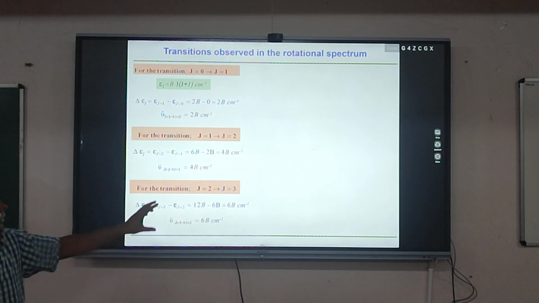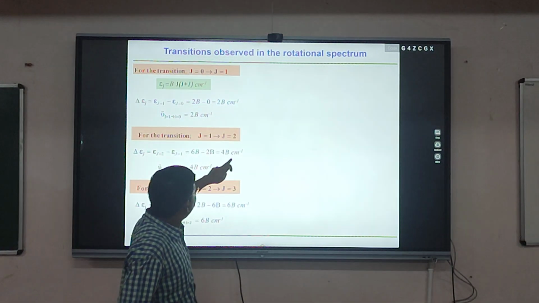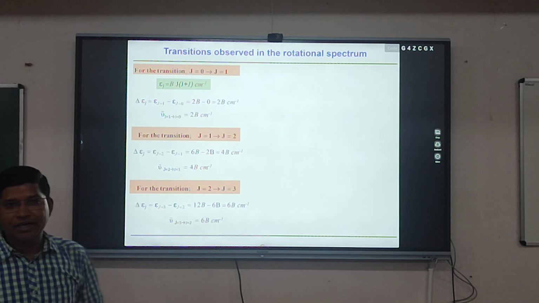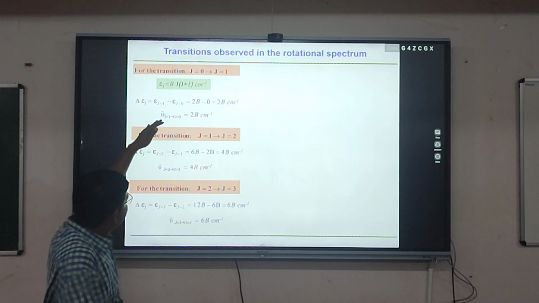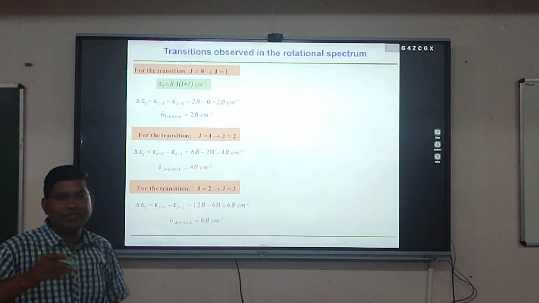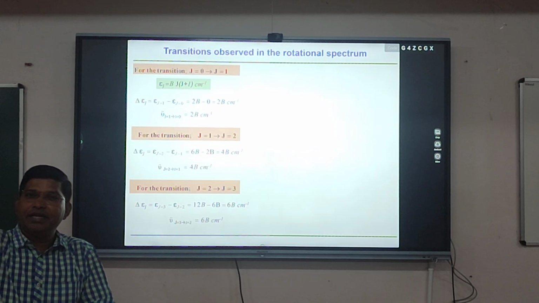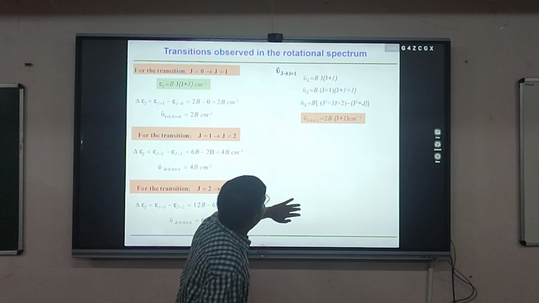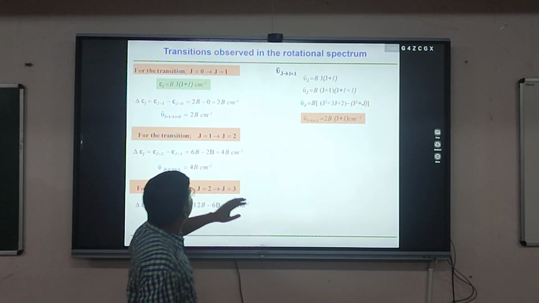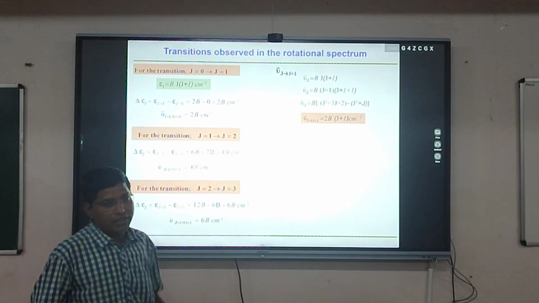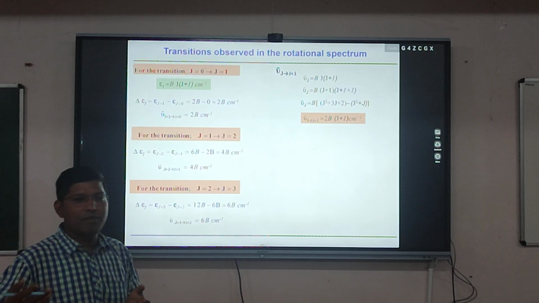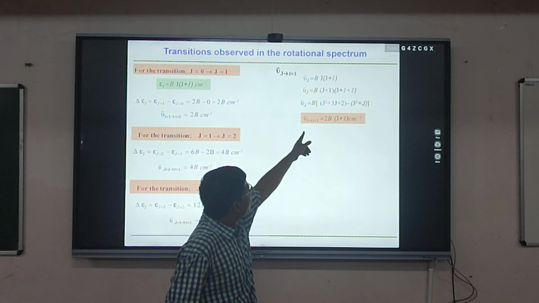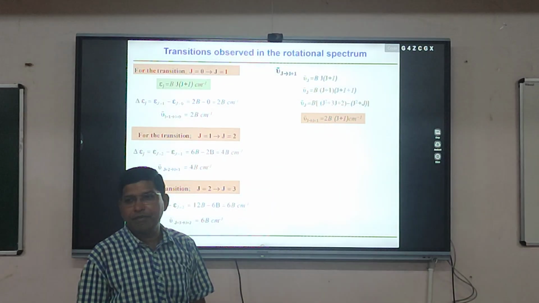What is the difference between these levels 2B, 4B, 6B? There is a 2B difference in the spectrum, and based on that, the energy difference between different energy levels in rotational spectroscopy, we can draw the spectrum. So this is the general equation for the transition of molecules in a rotational state. The common equation is 2B into J plus 1.